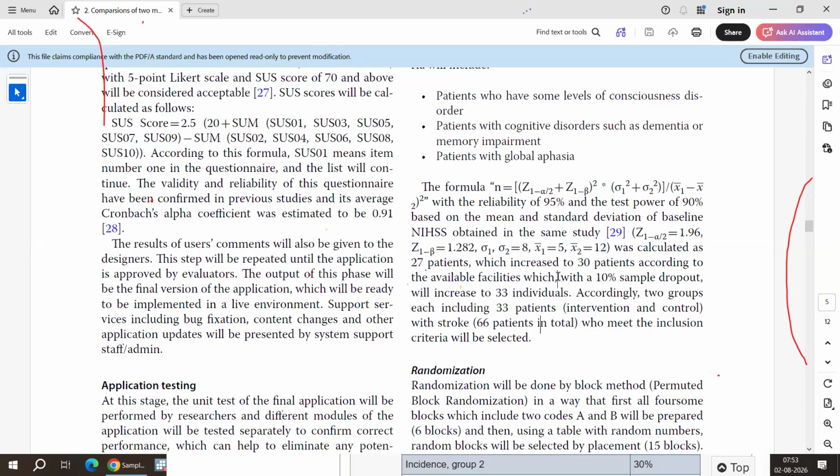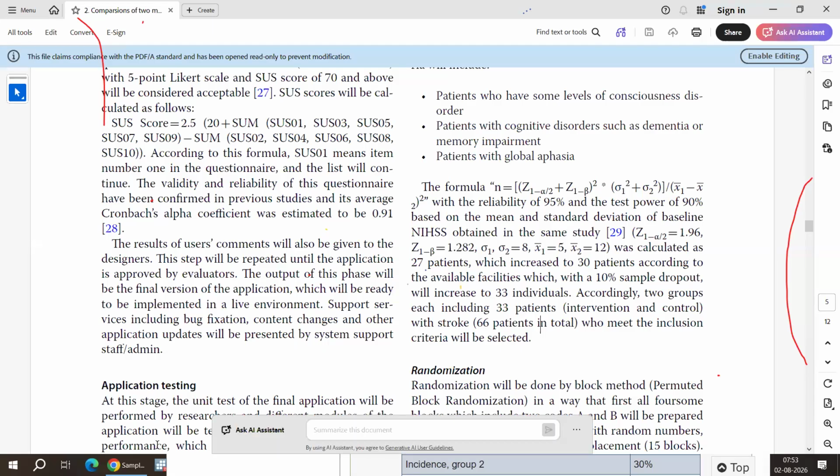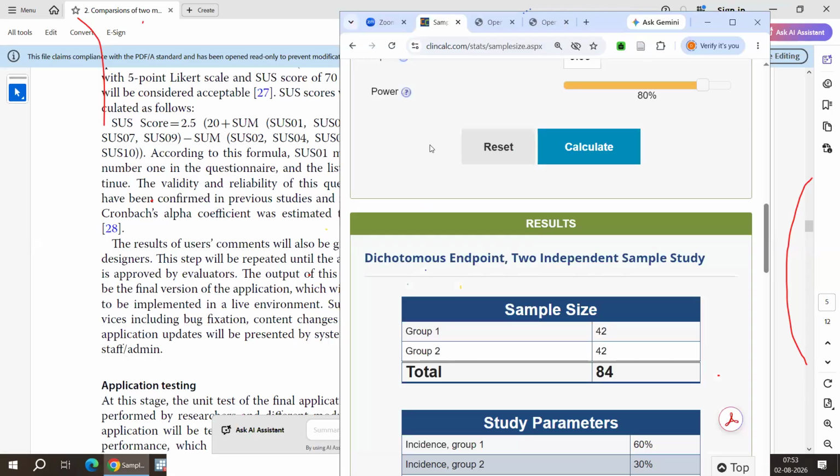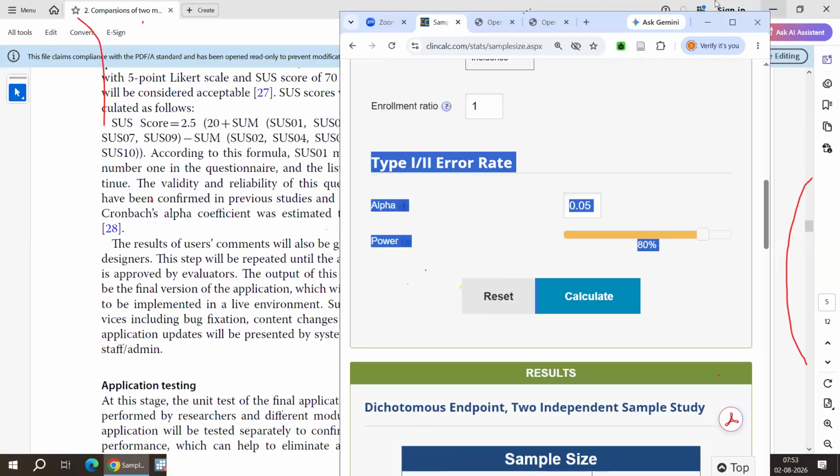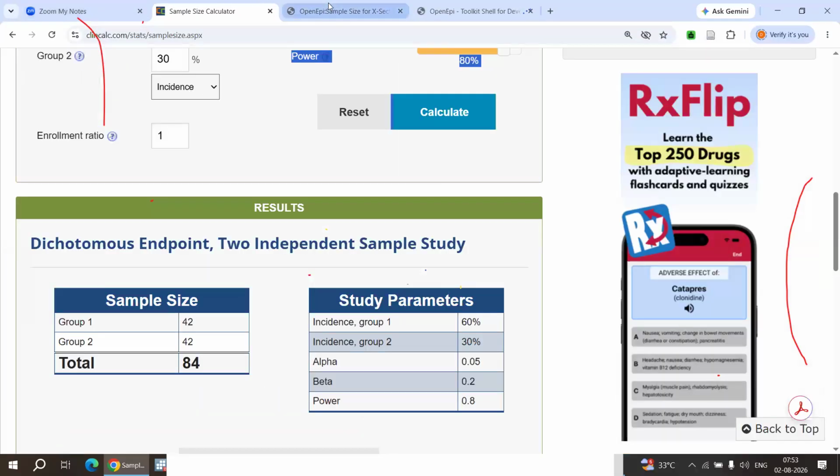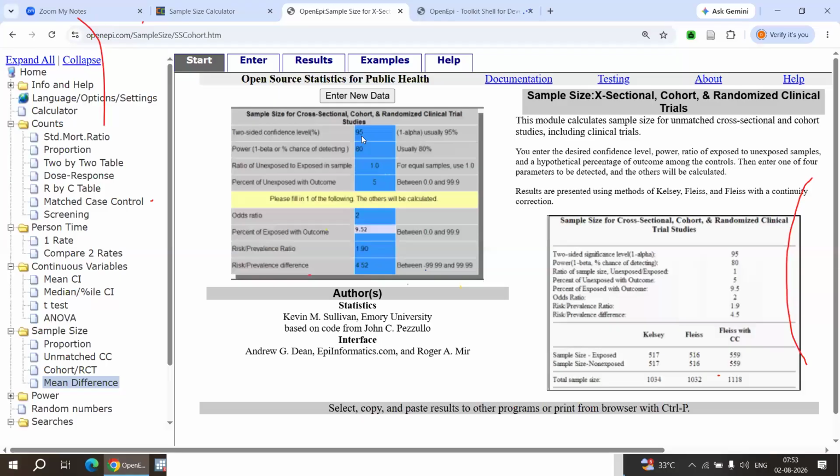Which software should we use? We can use OpenEpi because one participant requested me to explain what I have to do. Here is OpenEpi.